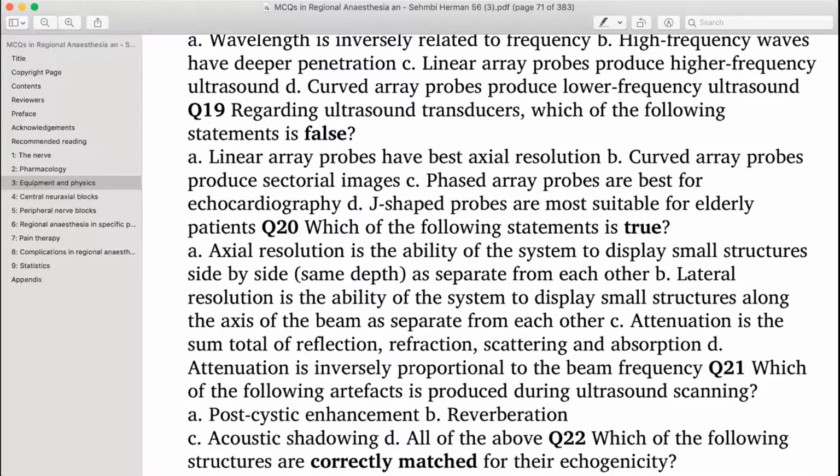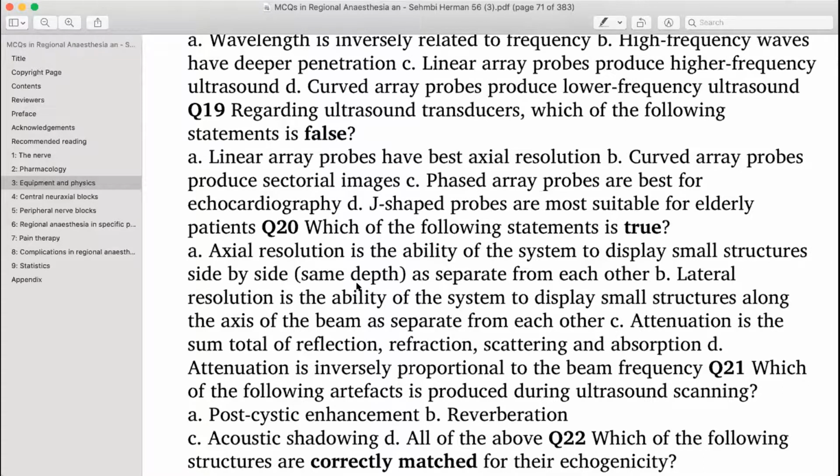D. No, it is directly proportional. It will be C. Attenuation is the total of reflection, refraction, scattering, and absorption. What about A and B? A is lateral, like side by side is lateral resolution.